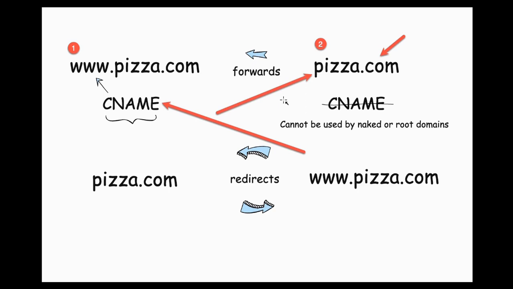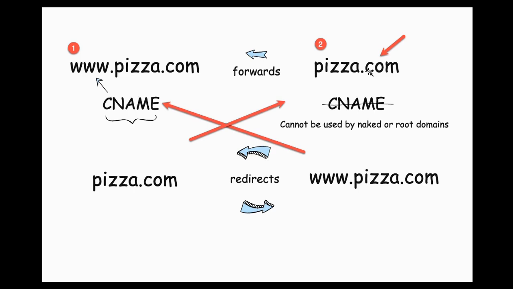Listen, this sounds confusing, but this is the logical nature of what's going on. You're setting up one way to go here because that's what the rules told you to do. But when it gets there, I want to forward it back to the www. So go from www.pizza.com over to pizza.com.